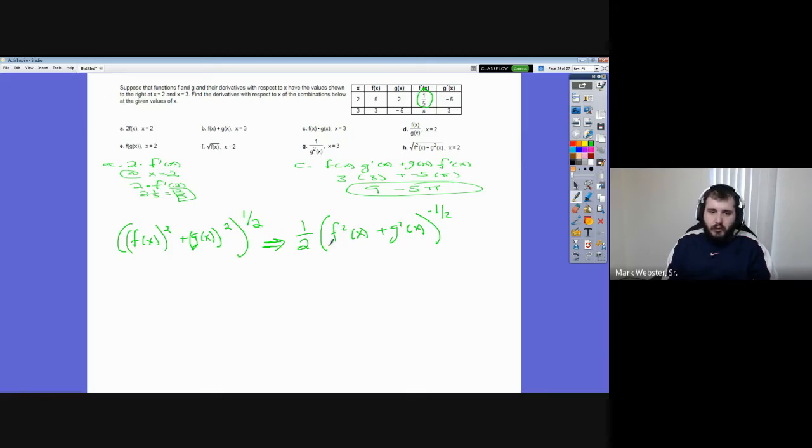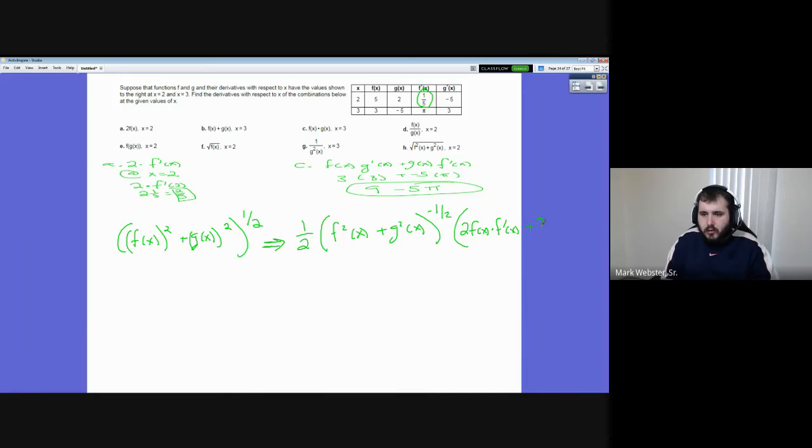So once again, remember, you're going to take the derivative of each of these, and the derivative of f of x squared, you're going to take the derivative, bring down the 2, and then take the derivative on the inside, right? 2 f of x times the derivative on the inside, which is f prime. And if you notice, this one's basically the same thing, right? 2 times g of x, and then take the derivative of the inside of that one.